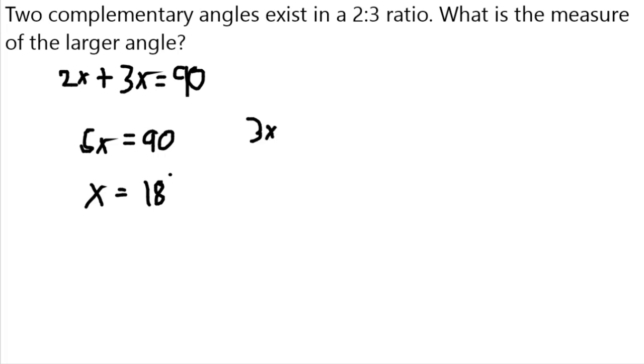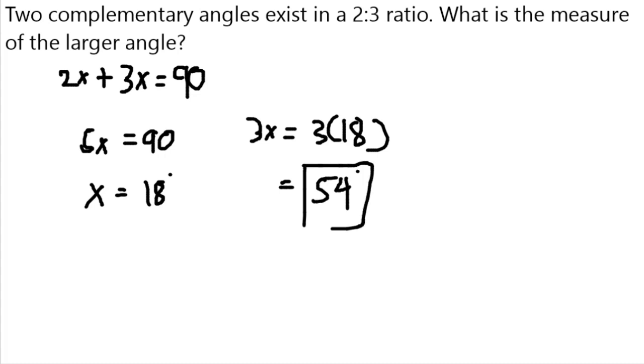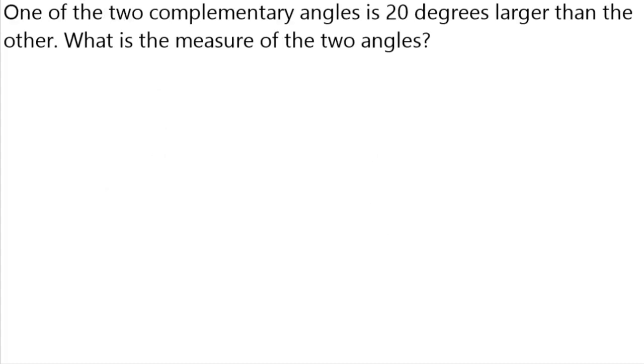Let's pick 3x because it is the larger one compared to 2x. 18 times 3 is going to be 54 degrees. So this is the measure of the larger angle. If we plug it into 2x, that will be the smaller one.